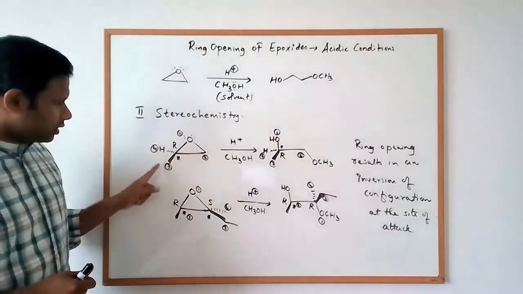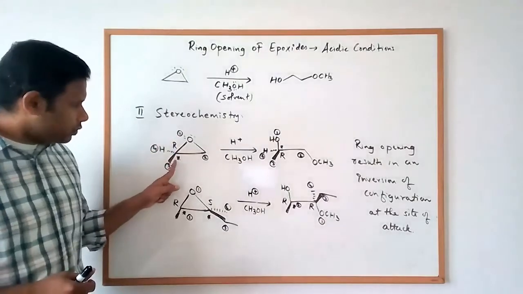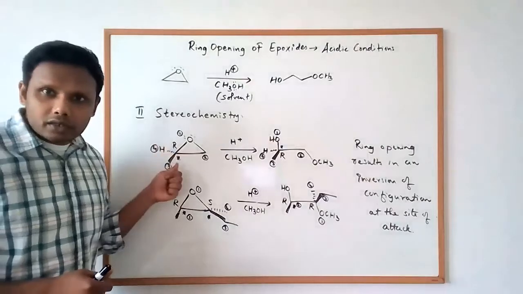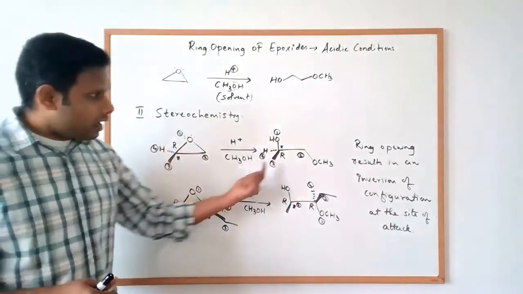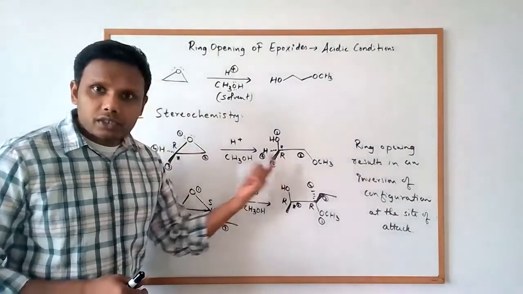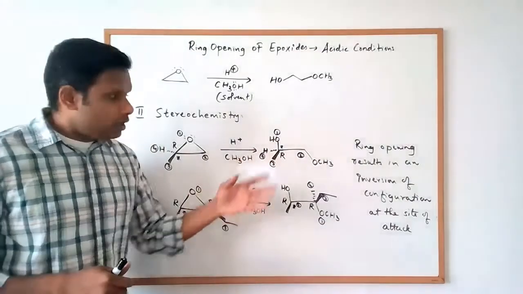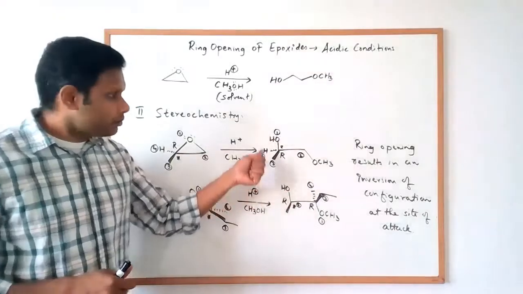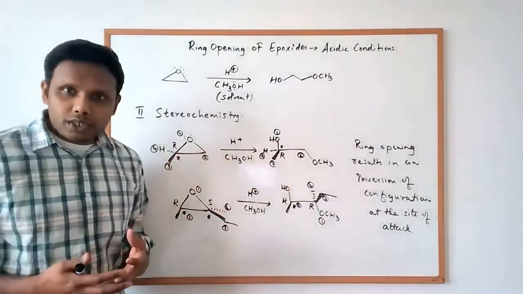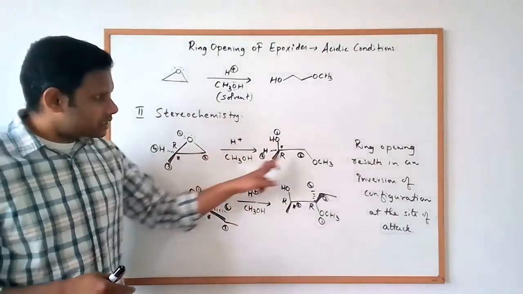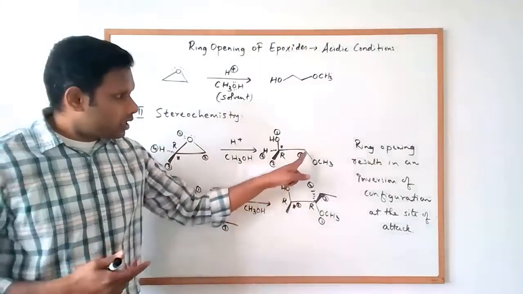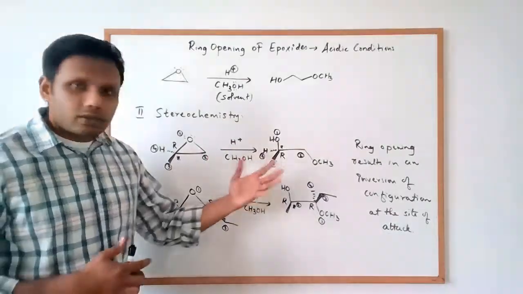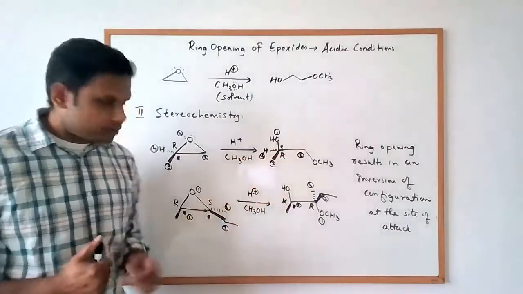I've assigned priorities to all four groups around that chiral center. It is of the R configuration to start off, and it is of the R configuration in the product. Since the attack did not happen at that carbon, the configuration is retained. The primary carbon which is attacked is not a chiral center, so we don't have to worry about the stereochemical outcome at that carbon.